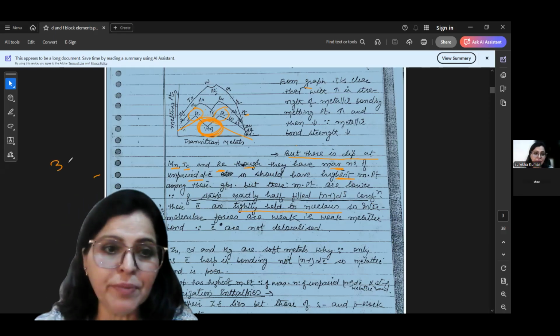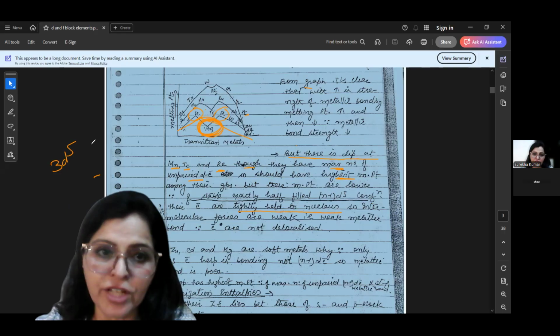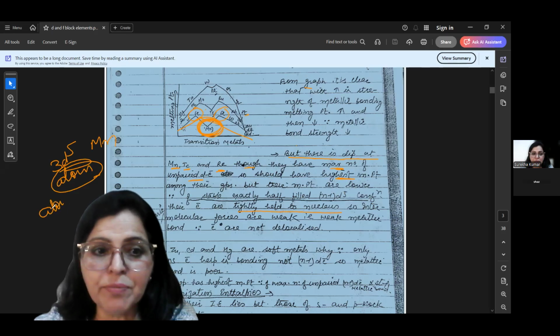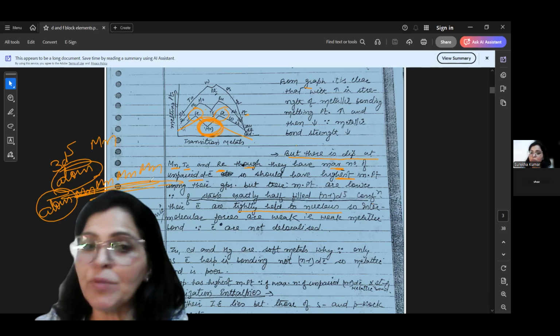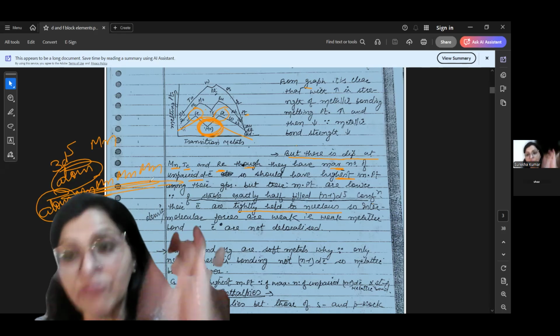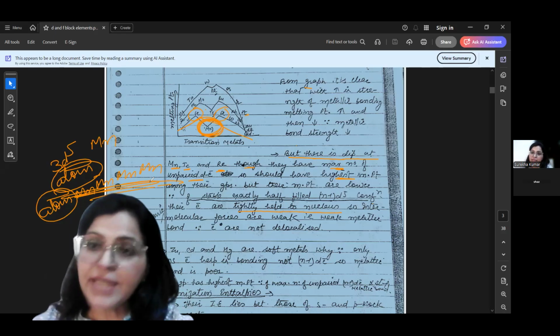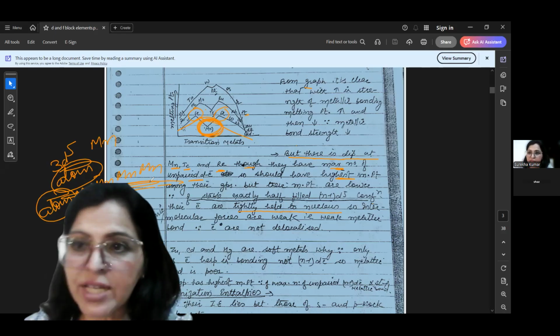Because of the stable 3d5 configuration in manganese, the atom is very stable. So atom-atom bond, like manganese manganese manganese, interatomic bonding will be very weak. No doubt, the configuration is very stable. As an atom, manganese is very stable.